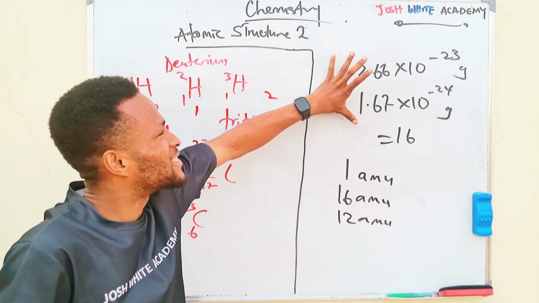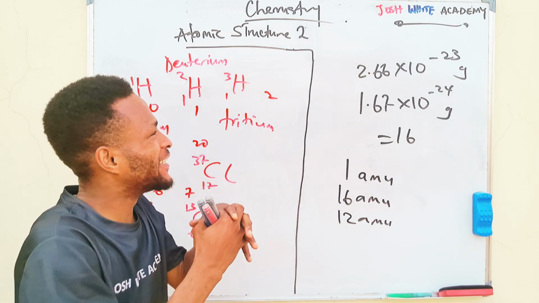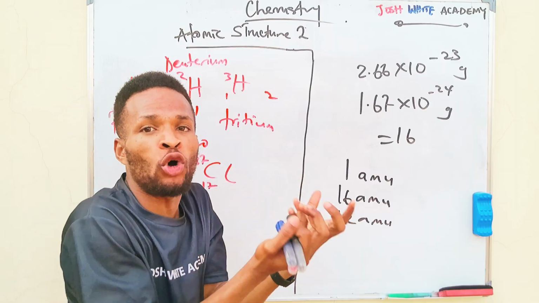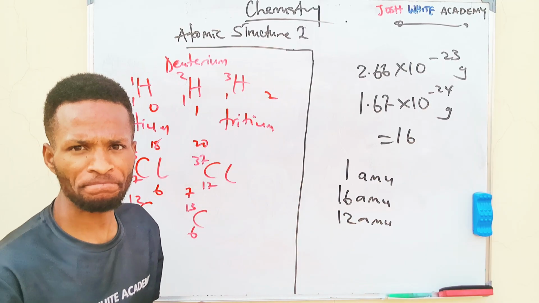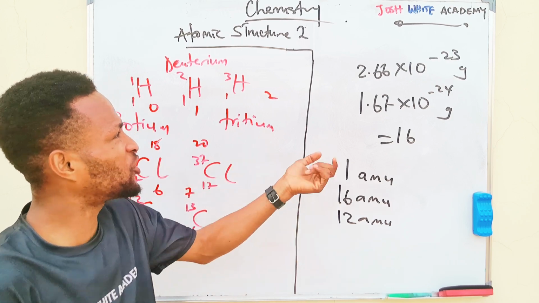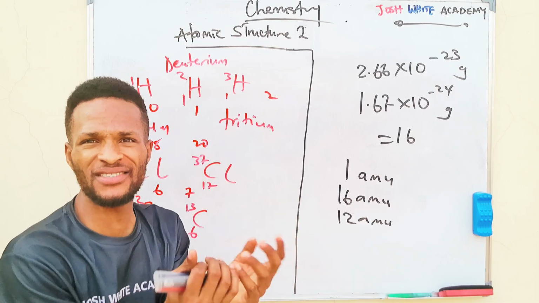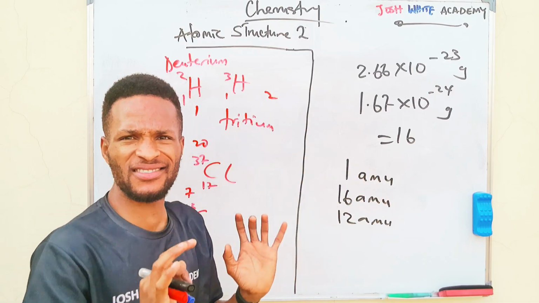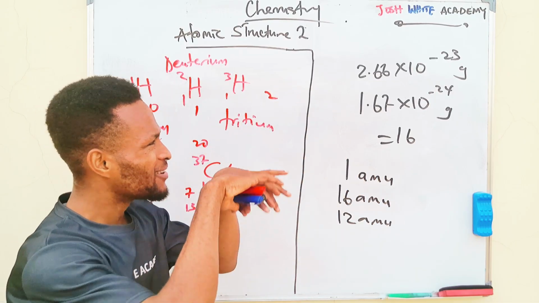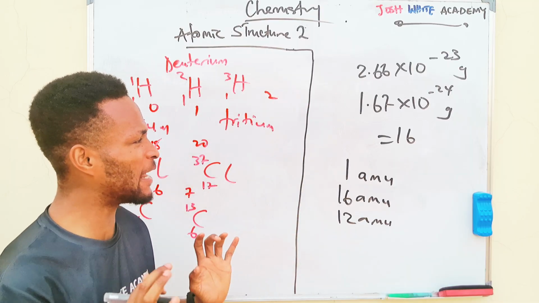And these masses were obtained using the mass spectrometer. That instrument is used in measuring the mass of an atom, the mass of isotopes, the relative abundance, the mass of compounds, the number of isotopes of an element.